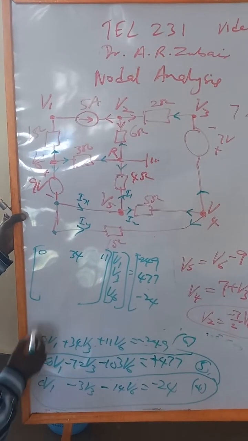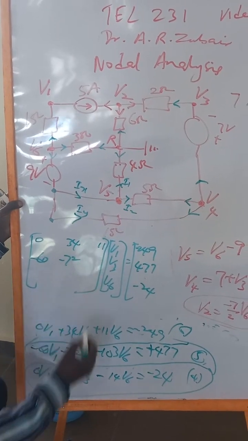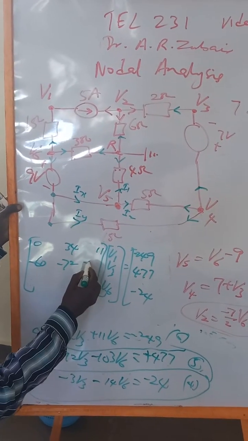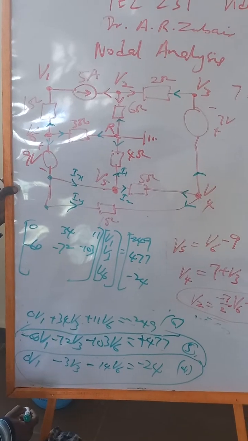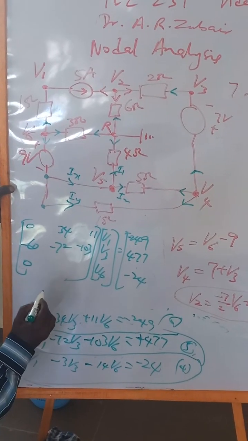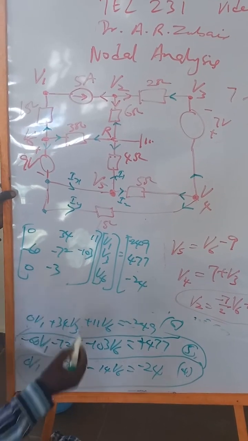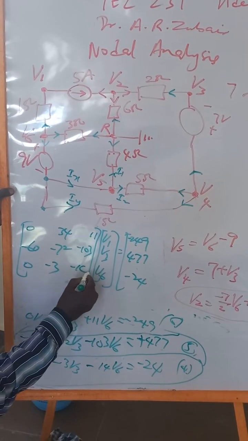So for this one, I'm going to have minus 60, minus 72, minus 103. For this one, I'm going to have 0, minus 3, minus 14.